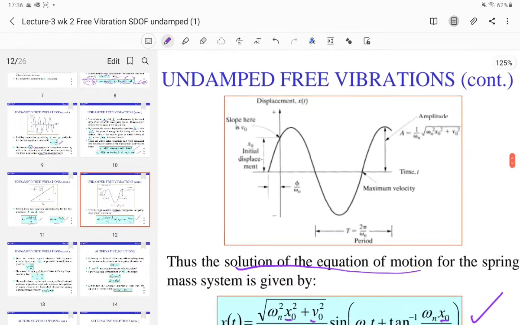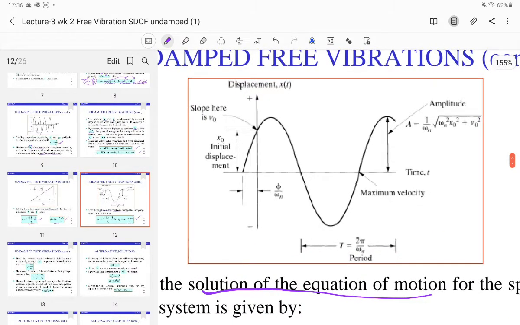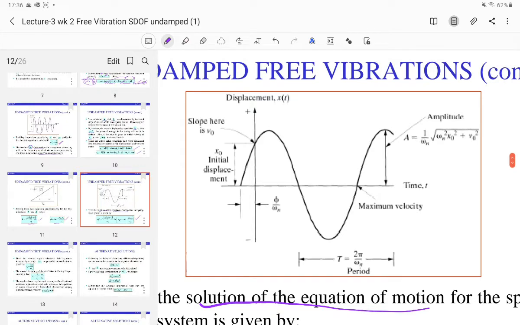If you look at this figure, this is very important. Sometimes we give you a problem where you have to define x naught by just giving the graph like this. If you look at the graph, you can get the initial value x naught, and you can also get the slope, v naught, or your initial velocity.